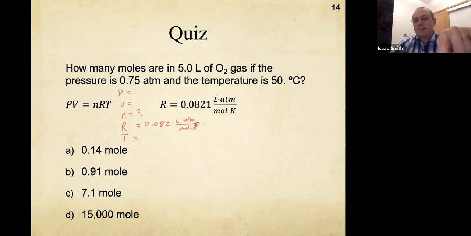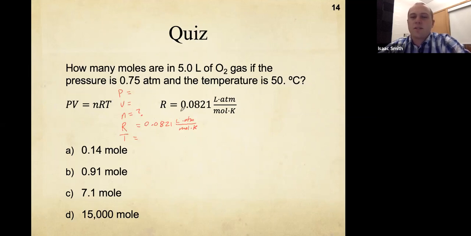The reason the unit is important is it tells you that you need your pressure to be in units of atmospheres, you need your volume to be in units of liters, you need N to be in moles, which it always is, and you need temperature to be in units of Kelvin. If the problem is giving you a volume in milliliters, you can't put it into this equation unless you convert it to liters first.